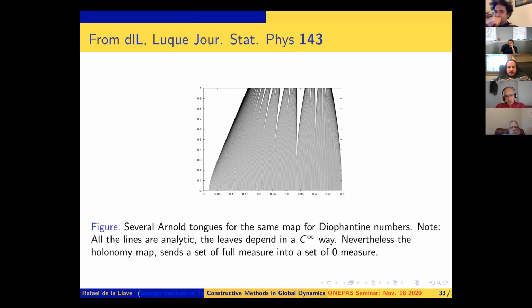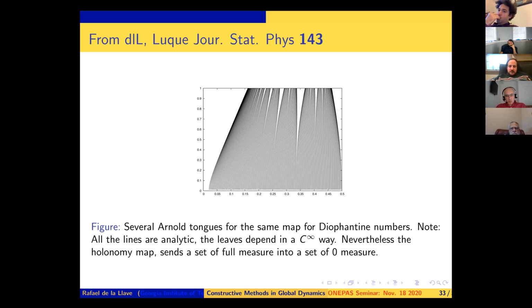The algorithm is very fast, so you can do a continuation method. This is an amusing picture because you get all these Arnold tongues for very Diophantine numbers. One of the things that we will show is that you have a bunch of vertical lines going from the bottom to the top, from epsilon equal to 0 to epsilon equal to 1.